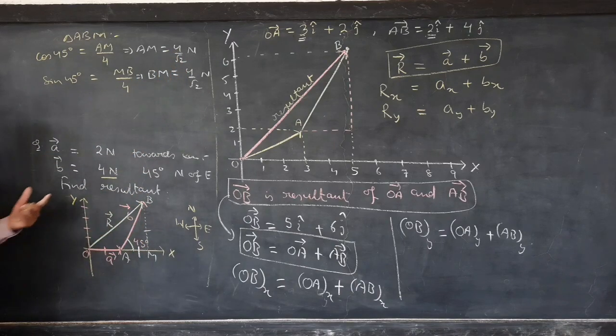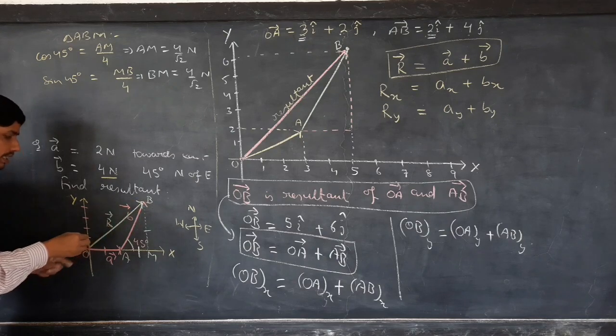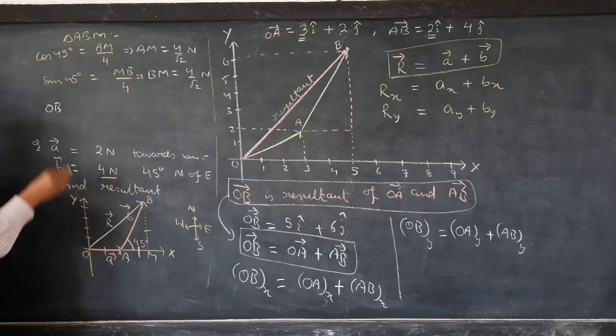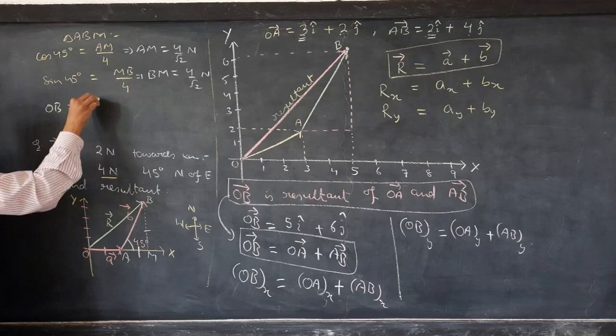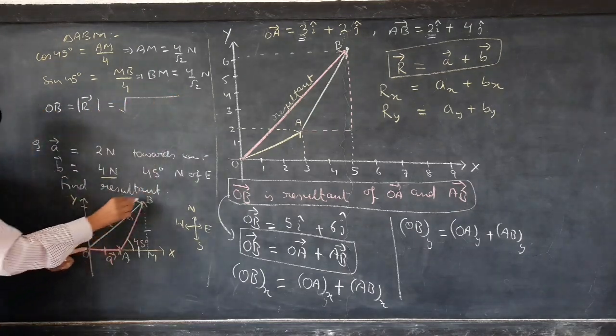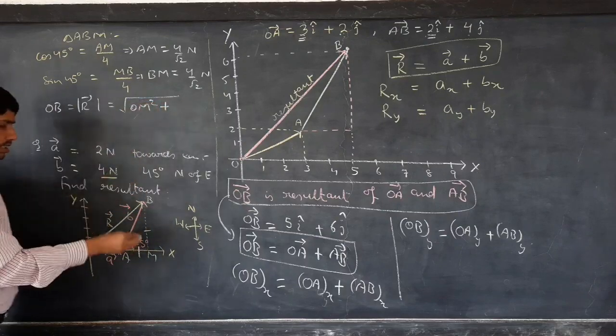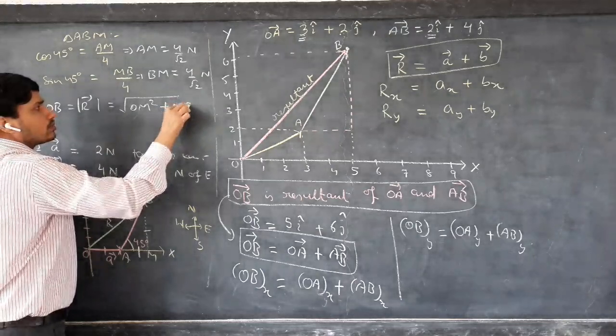Now we have to find the resultant, means this OB vector. So we have to find R vector, its length. So OB length we have to find. To find the length OB, that is nothing but resultant's magnitude, we will use Pythagoras theorem. So this is under root OM square plus MB square.